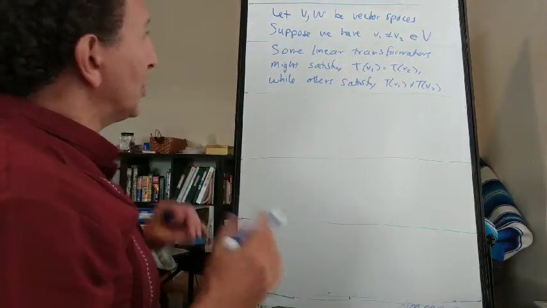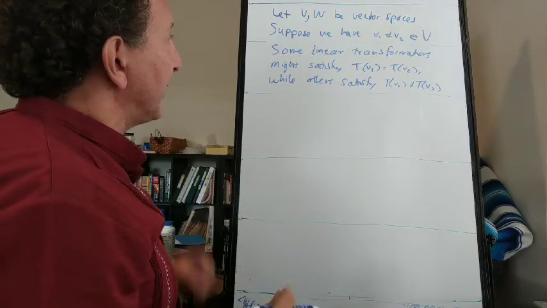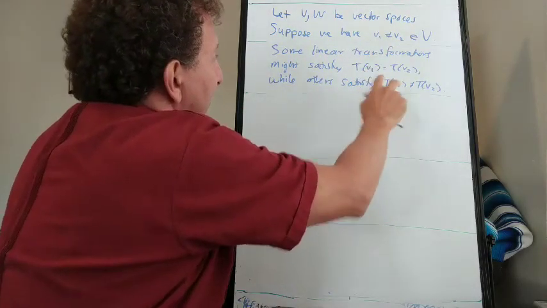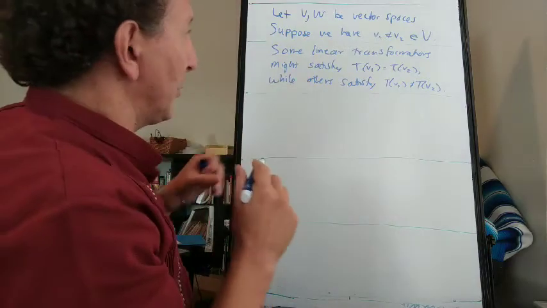There's no rule about linear maps that says that they have to map distinct elements of V to distinct elements of W. It could happen both ways.